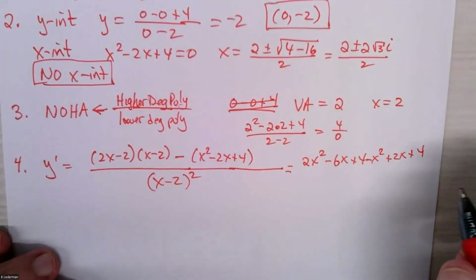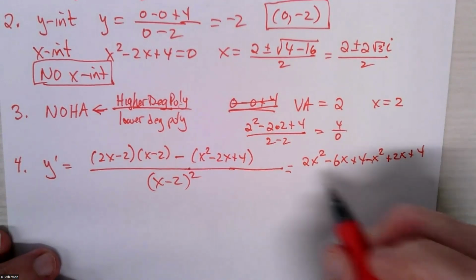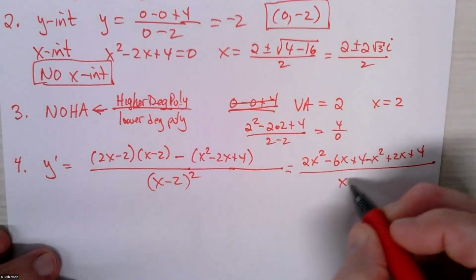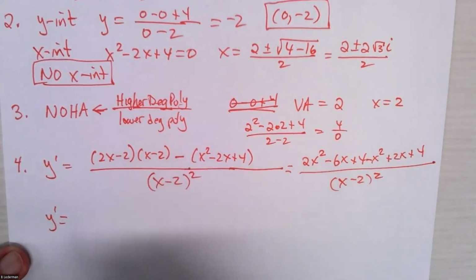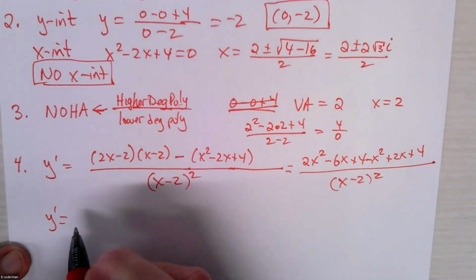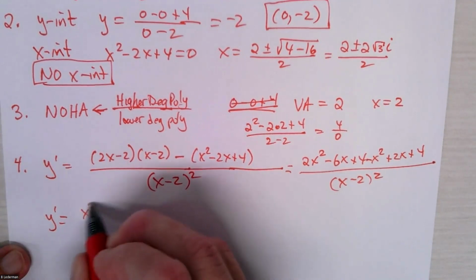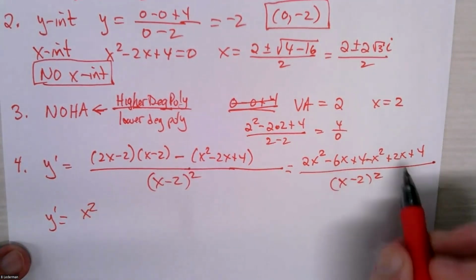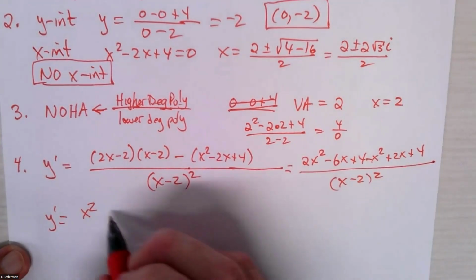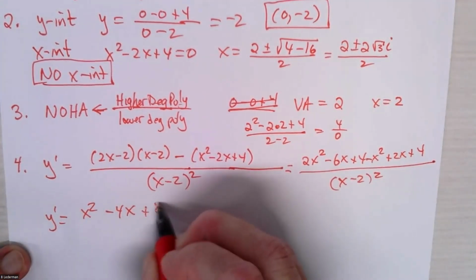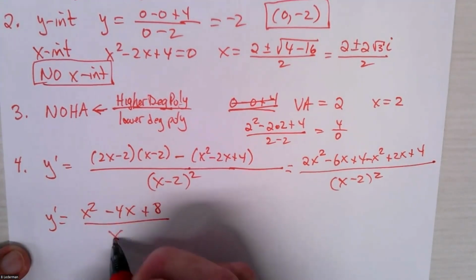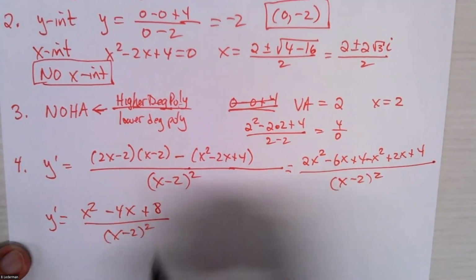Let's get that all together. And y prime simplifies to x squared, and then minus 6x and plus 2x is minus 4x, and then 4 minus 4 is 0, so the result is x squared minus 4x over x minus 2 squared.